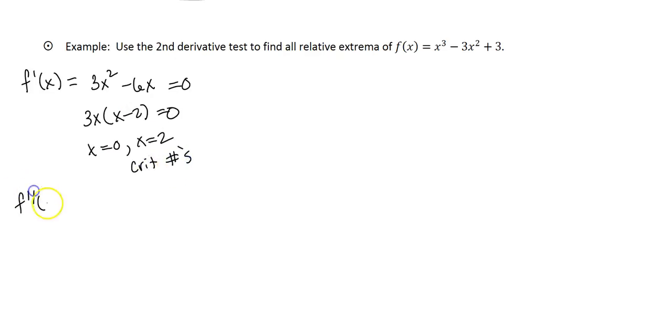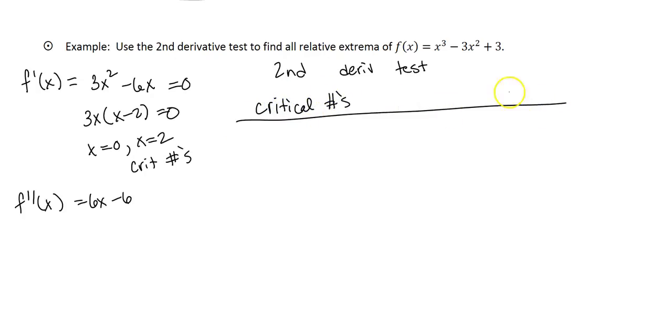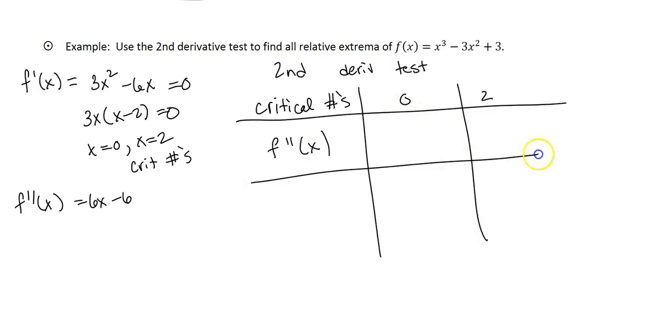I'm going to find the second derivative, which is going to be 6x minus 6. And so to do my second derivative test, I'm going to plug in my critical numbers, of which there are 2 of them, 0 and 2. I'm going to plug those into f double prime of x.